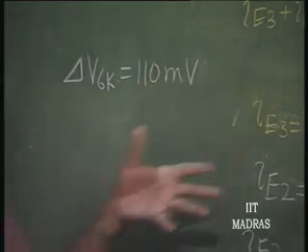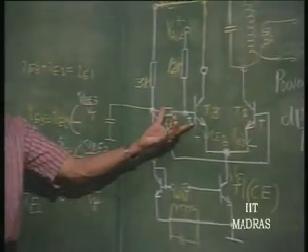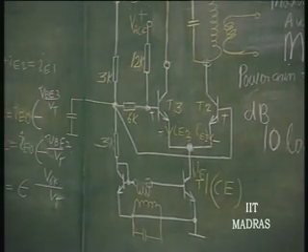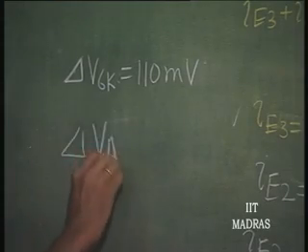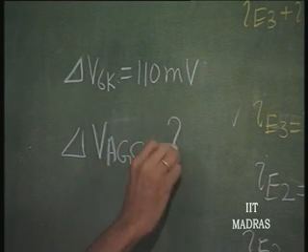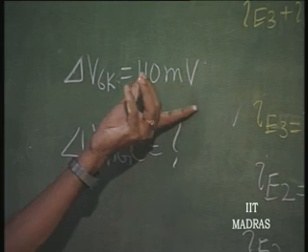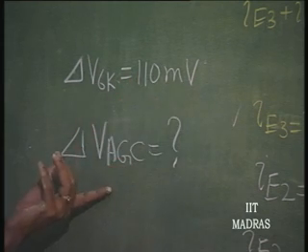For any such differential amplifier, this is very clear. Then what is delta VAGC for this circuit? Let us work it out. If delta V6K is 110 millivolts, what should be delta VAGC?